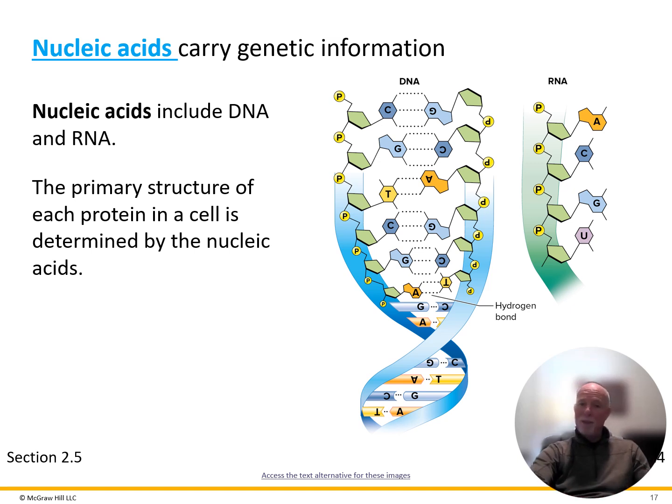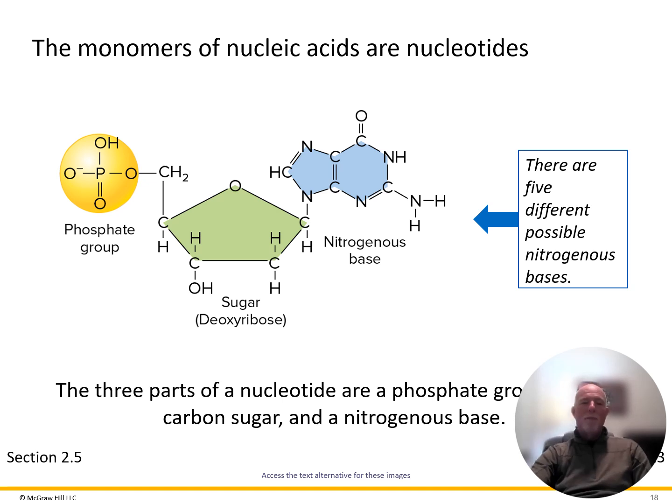Now, they're big molecules, and again, made up of smaller molecules. So here's a unit of a monomer that's used to build DNA. It's a phosphate, PO4, a sugar, and a nitrogen base. Notice these are bonded together here, bonded here.